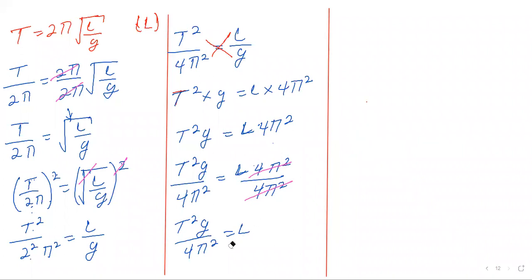So our advice is that don't do that, we just leave it. Then what we are going to do here is this: we are going to say L is equal to t squared g over 4 pi squared. Everybody okay now?